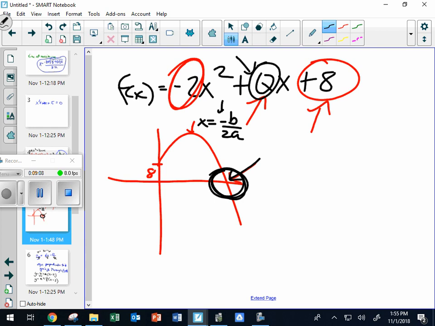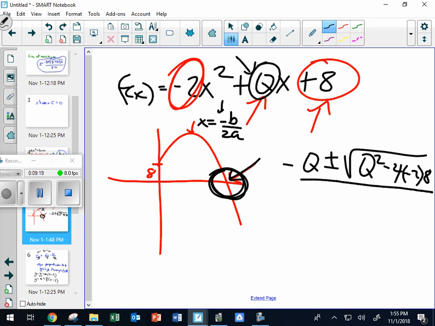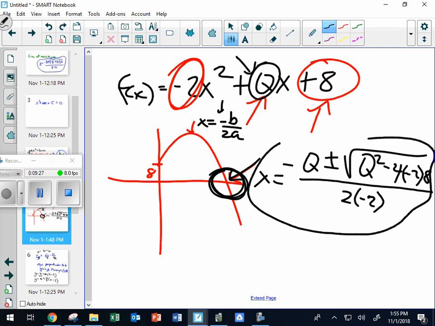So, -q plus and minus the square root of q squared minus 4 times -2 times 8 all over 2 times -2 is -4 on the bottom. And there is your x equals thing again.